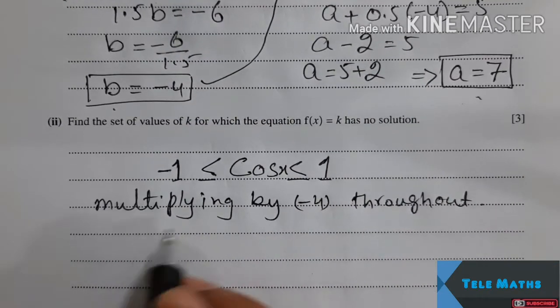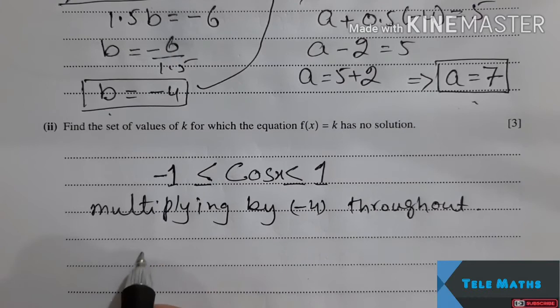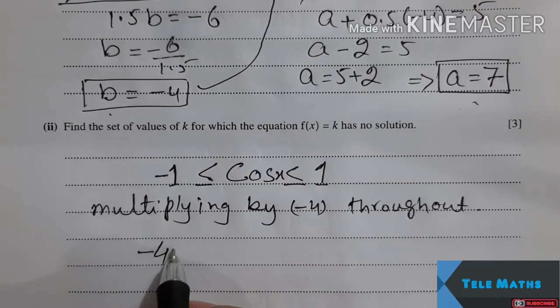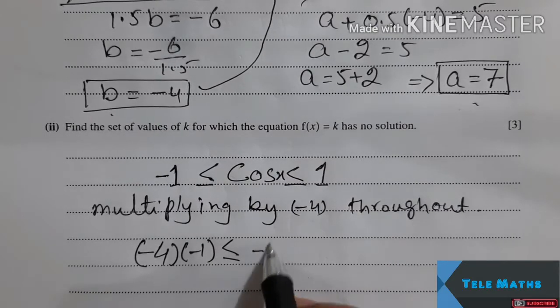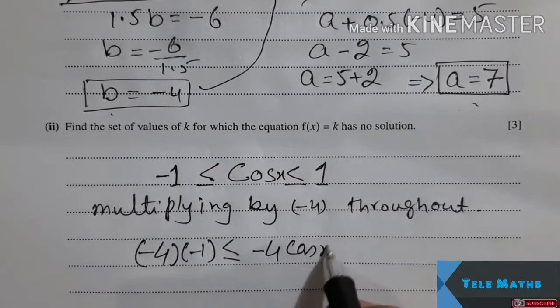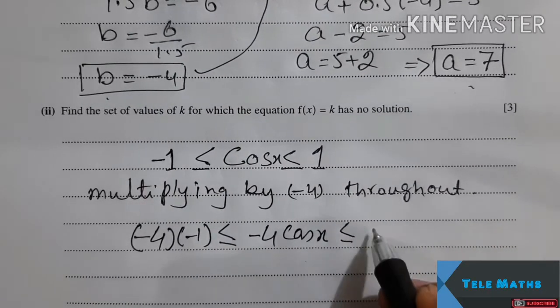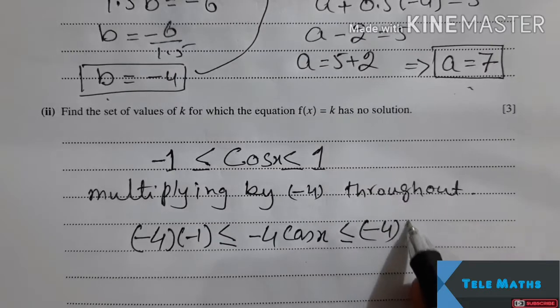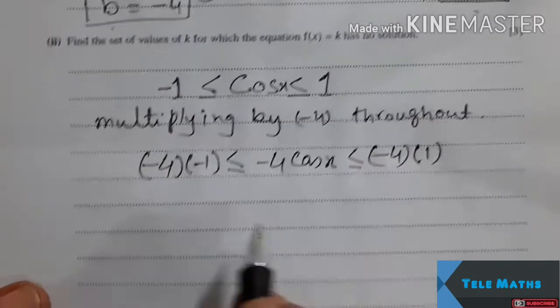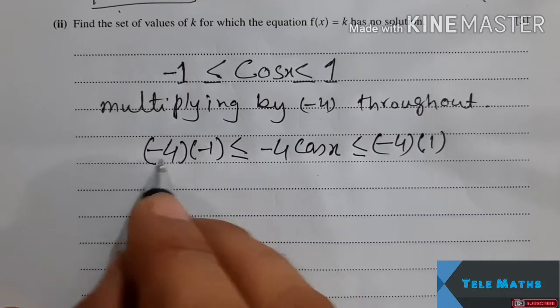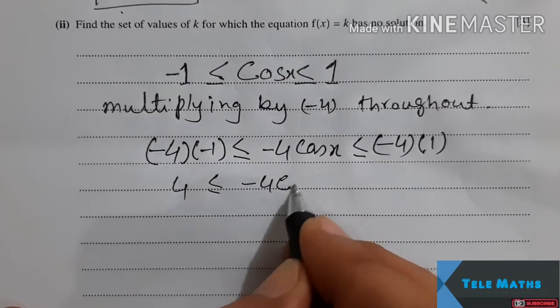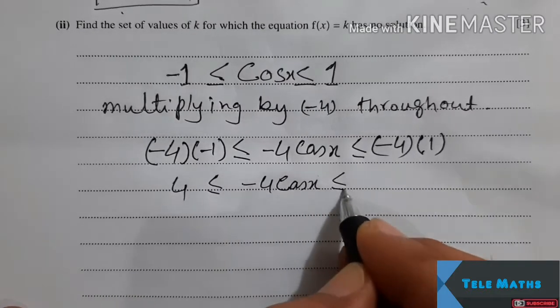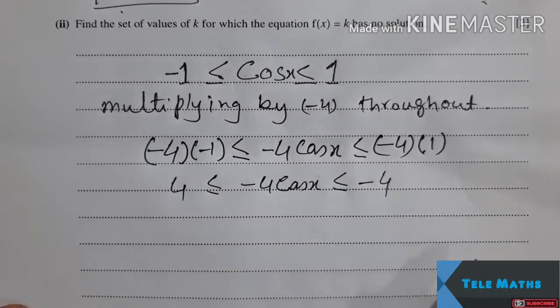So this will be minus 4 into minus 1, which is 4, less than or equal to minus 4 cos x, less than or equal to minus 4 into 1, which is minus 4.